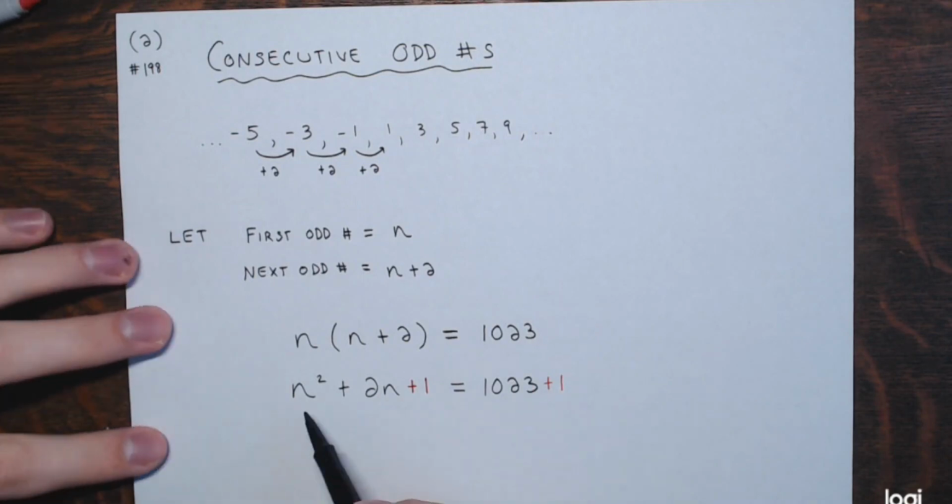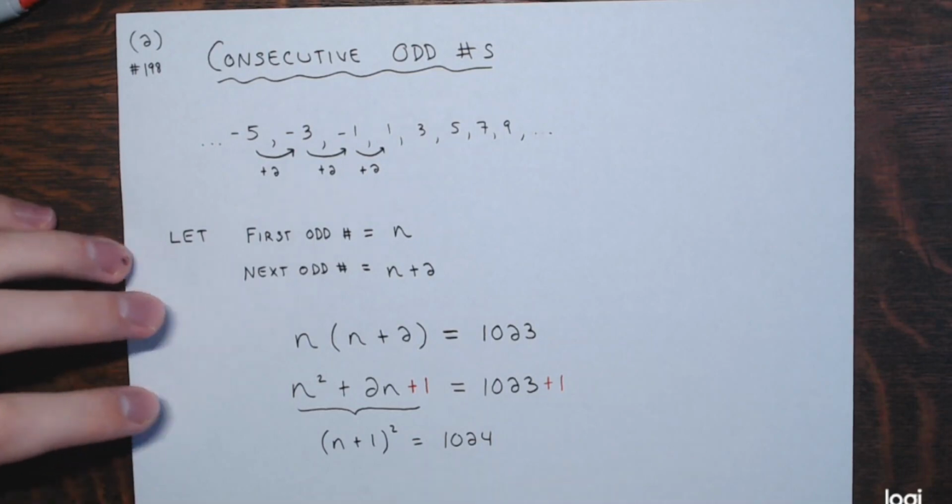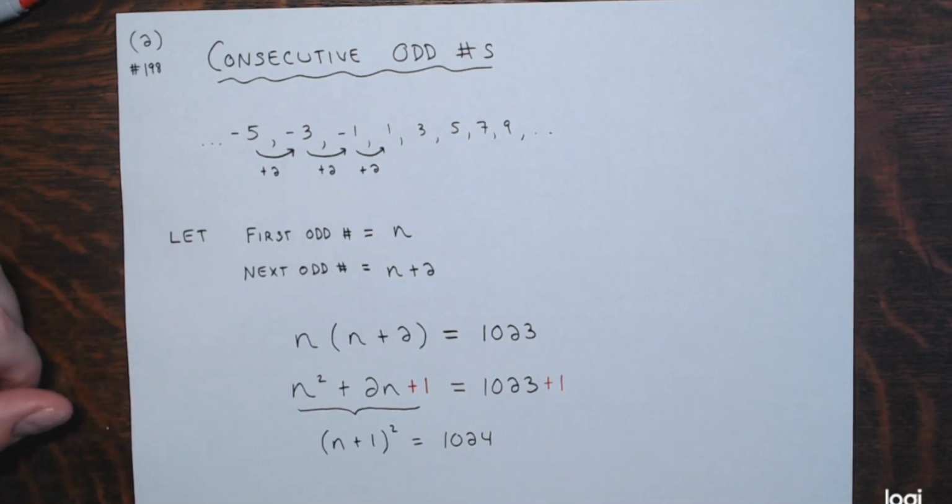Then on the left side here we get the quantity n plus 1 squared equals 1024, which is 32 squared. Right? I know that 1024 is 2 to the 10th power, which would be 2 to the 5th power squared, 32 squared.